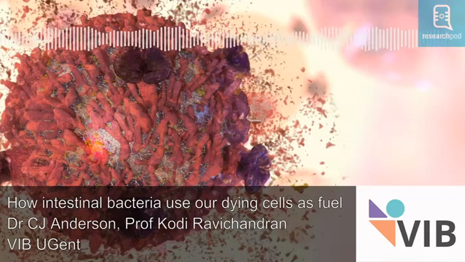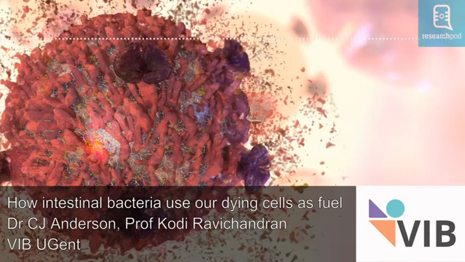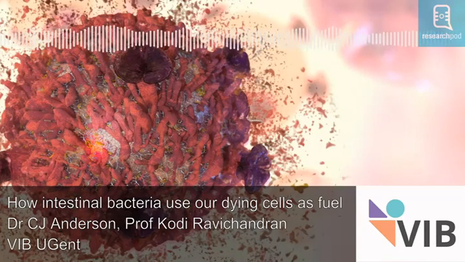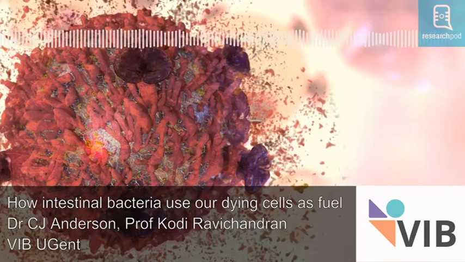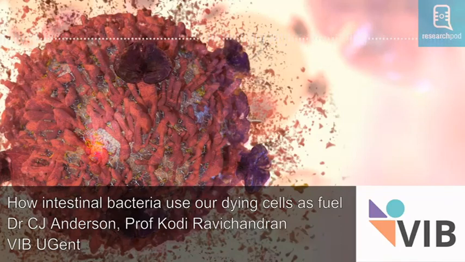Scientists have shown that the process of cell death itself can indirectly influence bacterial infections by changing the body's immune response. At the same time, other researchers have been investigating how dying mammalian cells communicate with their neighbouring cells. C.J. Anderson, Kodi Ravichandran and their team from VIB-UGent have established a link between these two fields of study by asking an important question.